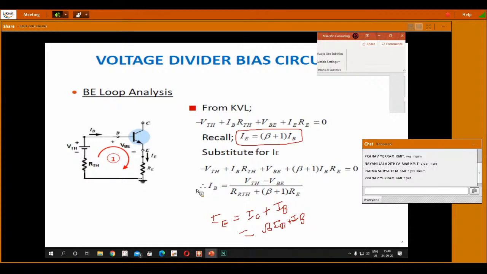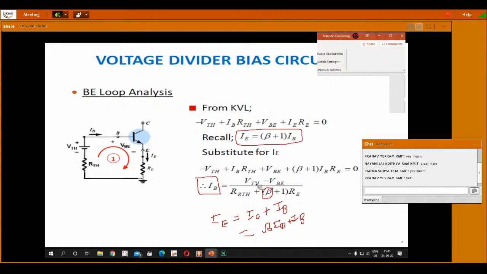So now the base current, the quiescent point or the collector current, depends on your IB, right? So the quiescent values depend on the input current IB. Hence we have written that as VTH minus VBE divided by RTH plus beta plus 1 times RE. Now it depends on beta, and on the R1 and R2 fixed values.